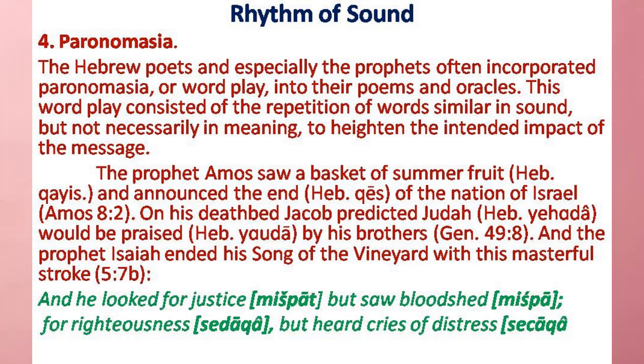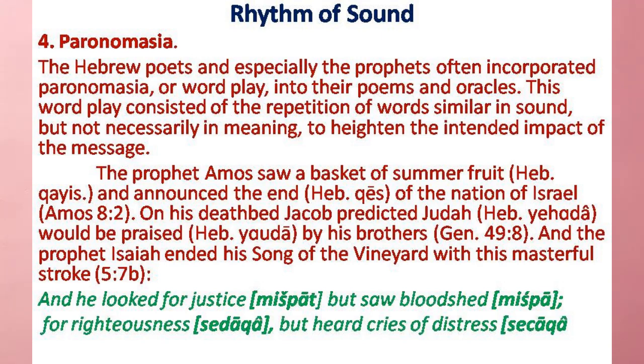Another example: on his deathbed, Jacob predicted Judah, Yehudah, would be praised. The word for praised in Hebrew is yodukha. So Yehudah, yodukha by his brothers, in Genesis chapter 49 verse 8. So this is also giving a repetitive tone.